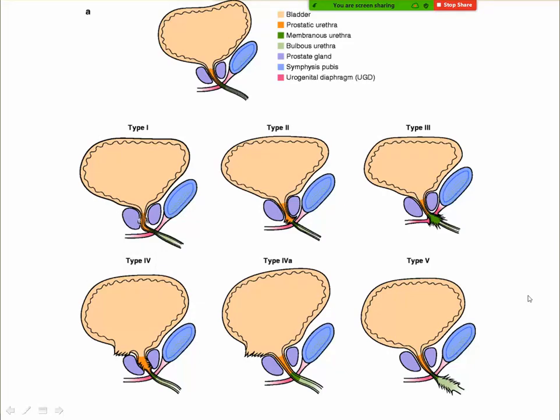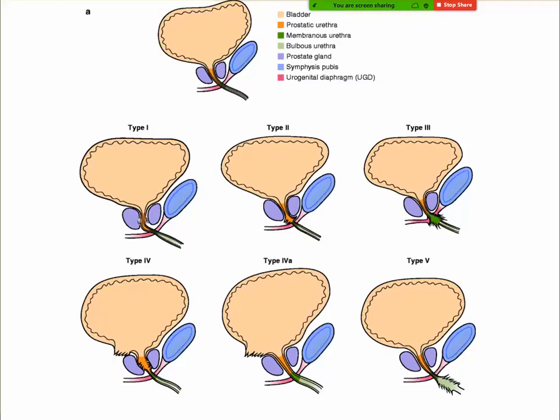This is type 1 urethral injury, and this is type 2. Type 3 is at the level of the urogenital diaphragm, and type 4 involves the posterior urethra as well. Then there are many other types that can be associated with bladder rupture at the same time.